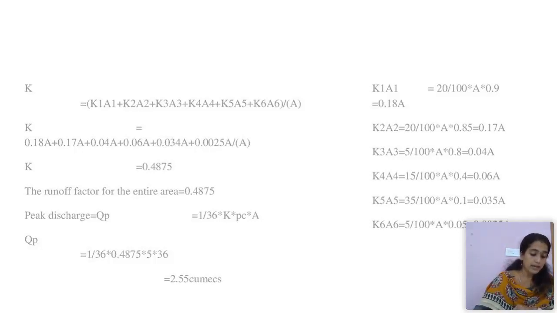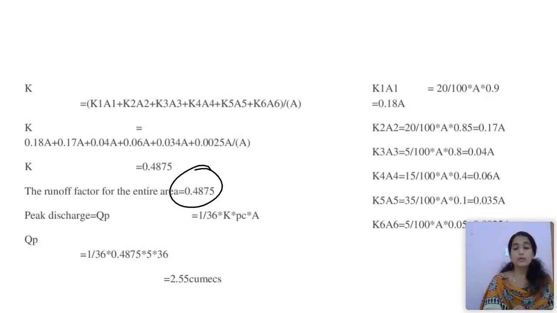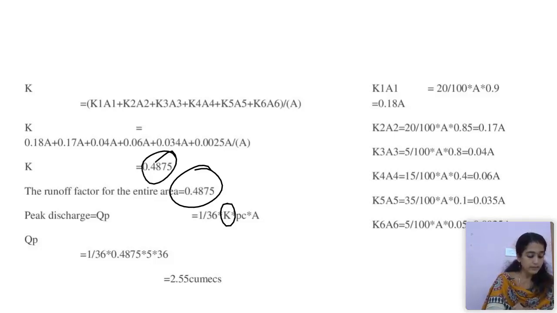0.4875, and this can be put in the equation for calculating the quantity of stormwater. That is QP is equal to 1 by 36 into K into PC into A. Here K we already calculated, that is 0.4875, and PC is already given, and the total area is also given in the question.